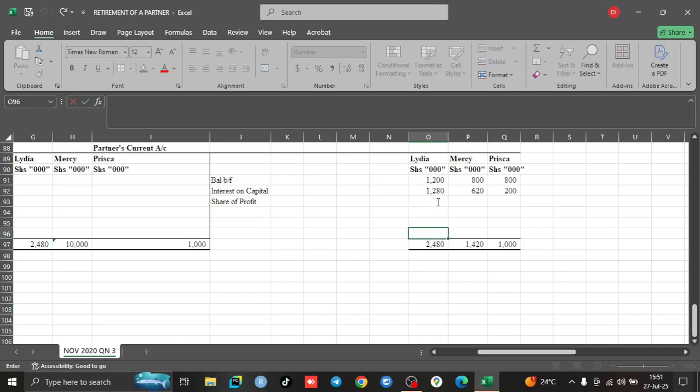So this is 6440, still has that issue. Share of profit, that issue still recurring. Yeah, now that's okay. Interest on capital here is 200 shillings.